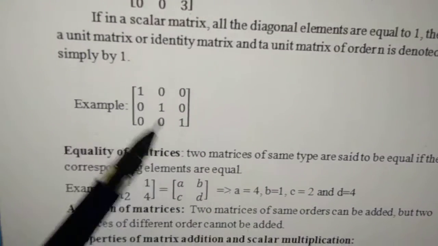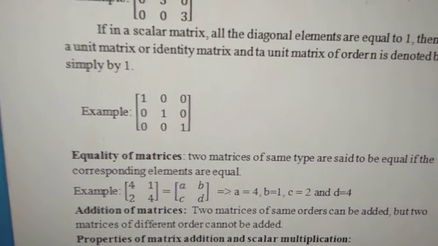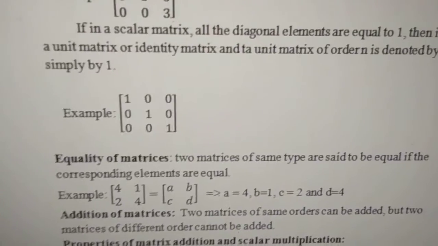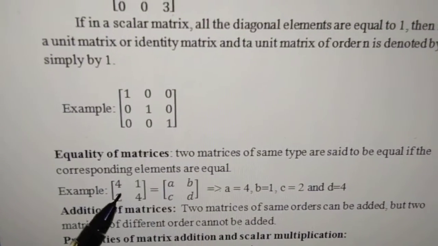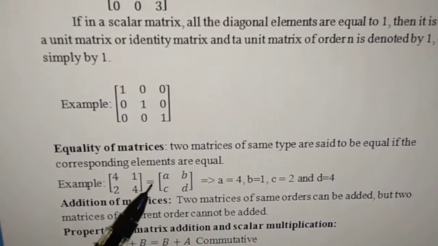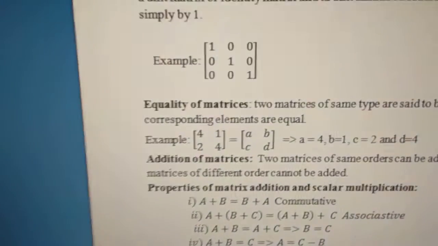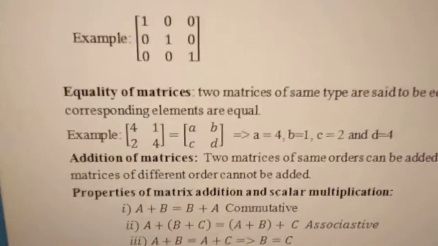So it is termed as a unit matrix here, 1, 1, 1 like this. So there are other types of matrix also. Equality of matrix: if A is one matrix and B is another matrix and both are equal, then we can say that it is an equal matrix, or equality of matrix.